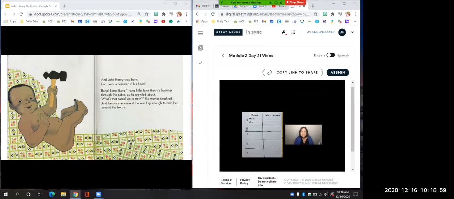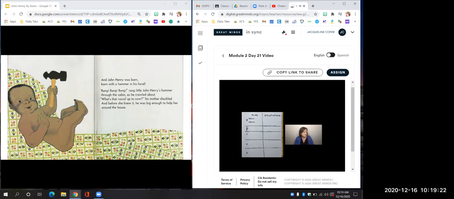So since we know that John Henry is the main character, let's focus in on him and what he's doing on pages 8 and 9. Let's focus on the event. What's happening to John Henry? What is he involved in? Listen carefully, and then we're going to do some jotting again in our journal.